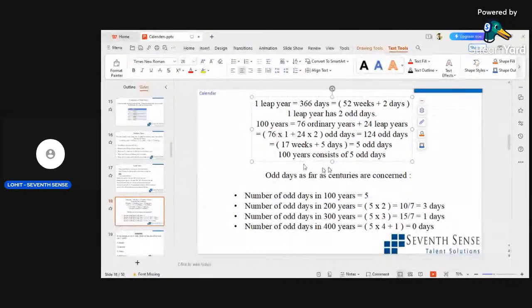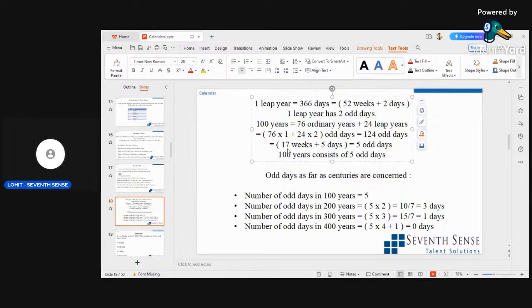Okay, just now I told you how you're going to calculate leap years for a century year, because 100 is also a century year. In the end, it has two zeros. 100 is a leap year?